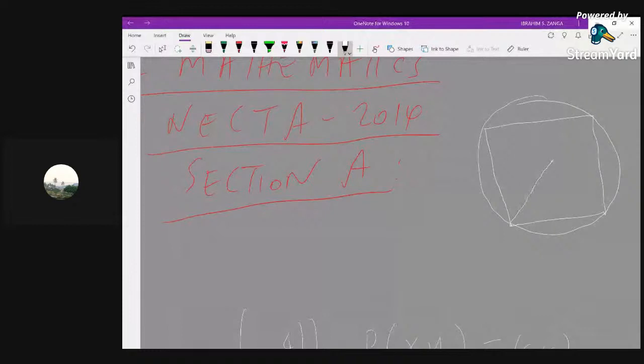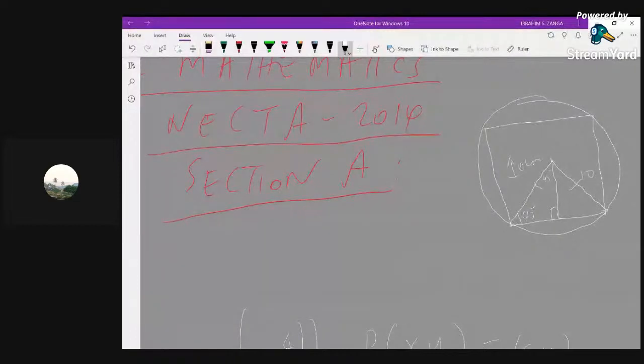Of course, the radius is 10 centimeters. So this is radius 10 centimeters, 10 centimeters. And so the angle here is 45, 45, and so forth.